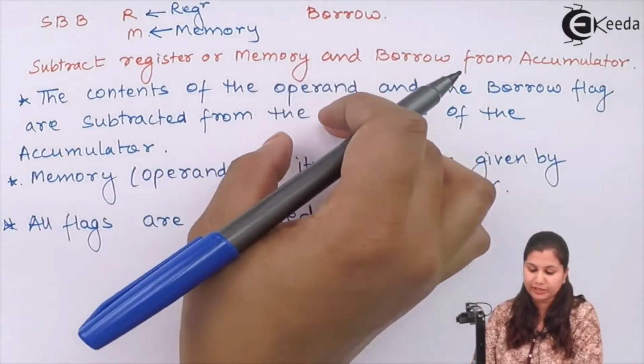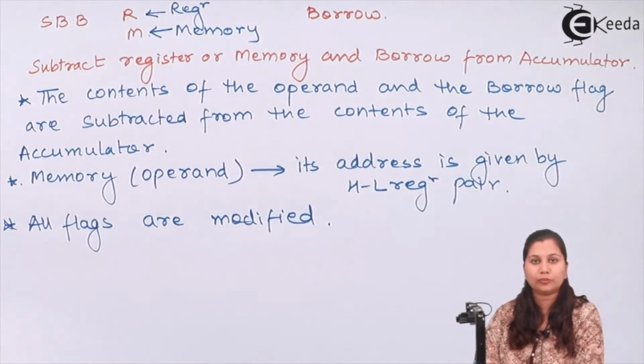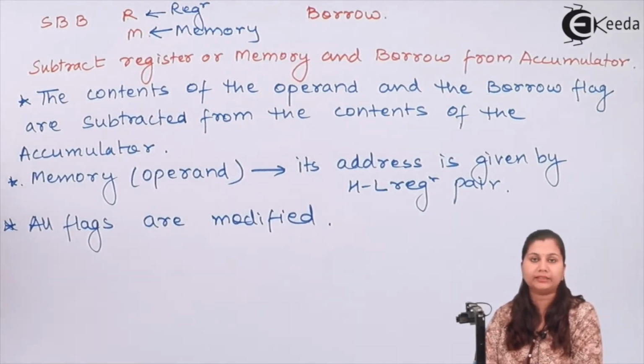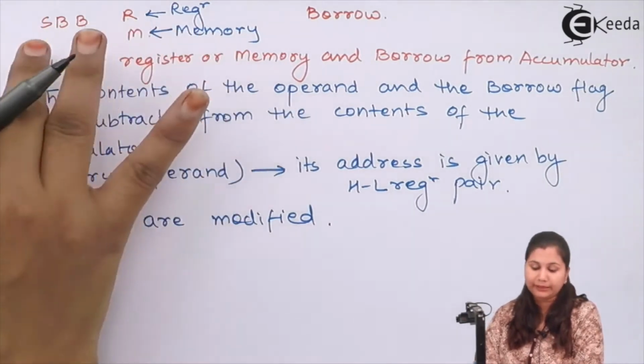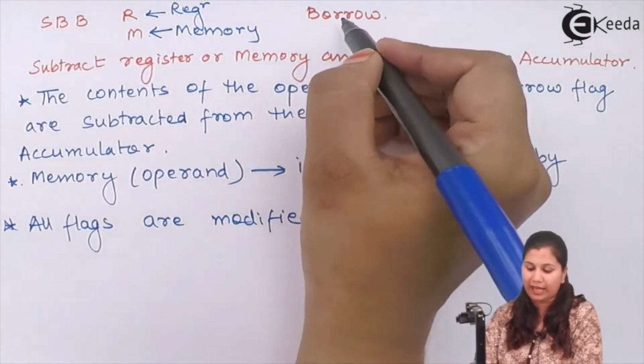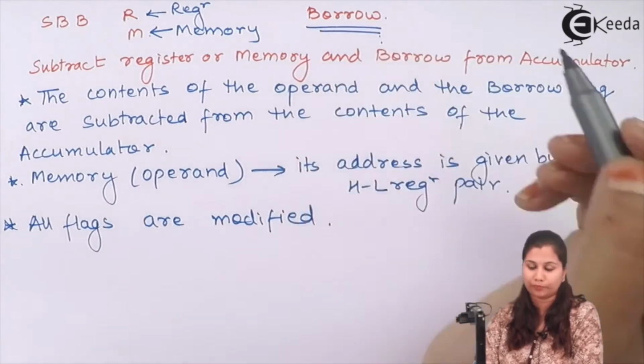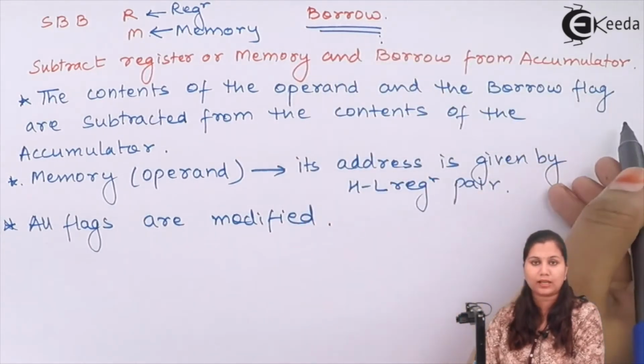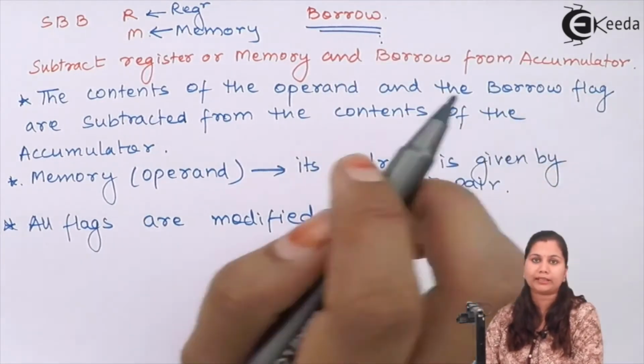The difference is that in the SUB instruction we are subtracting the contents of the register and memory from the accumulator, but in this SBB instruction we have this borrow flag also. So this borrow flag is also considered and it is also subtracted from the accumulator.